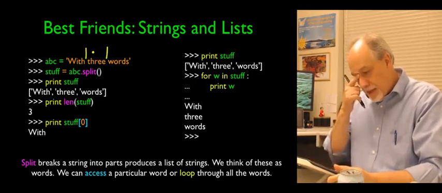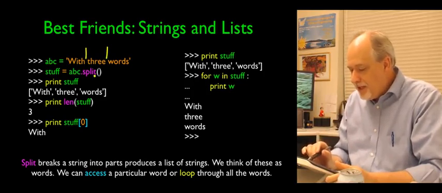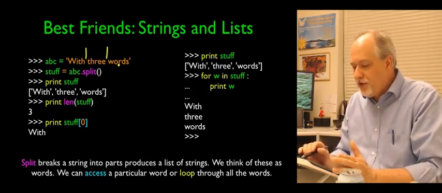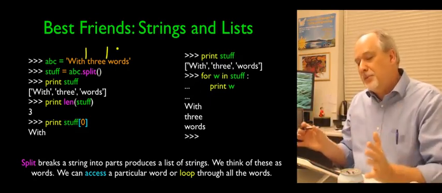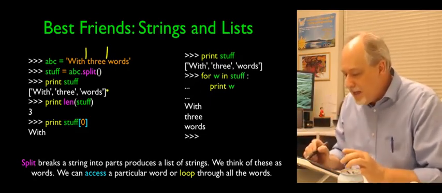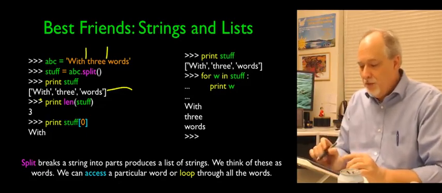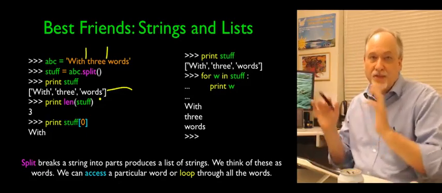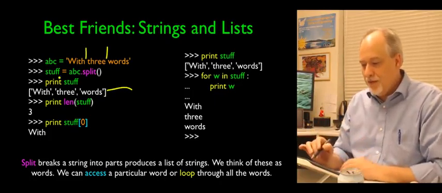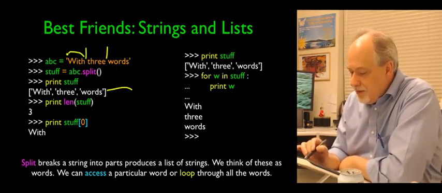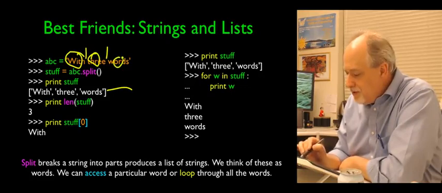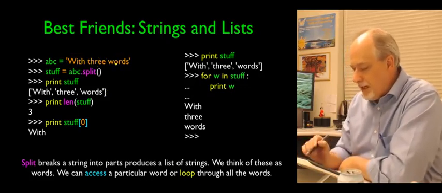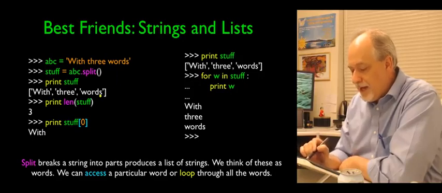And abc.split says, parse this string, look for the blanks, break the string into pieces, and give me back a list with one item for each of the words as defined by the spaces. So it breaks it into 3 pieces, and gives us that back in a list.